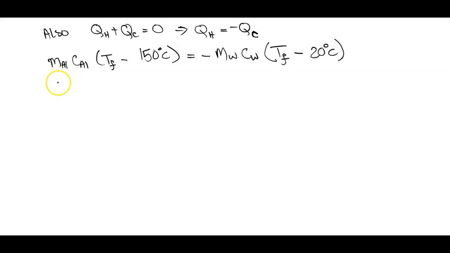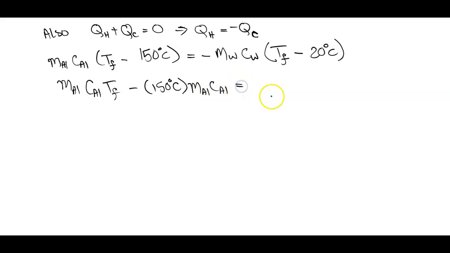And if we multiply this out, we get M for aluminum, C for aluminum, TF minus 150 degrees Celsius, mass of aluminum, specific heat of aluminum, has to equal minus the mass of the water, specific heat of water, final temperature of water, and then a negative gives us a plus 20 degrees Celsius times the mass of water times the specific heat of water.